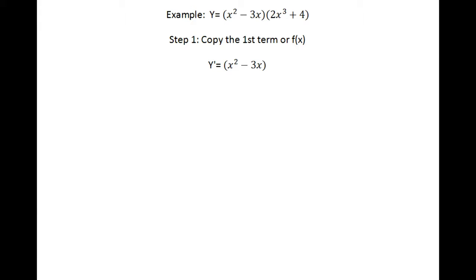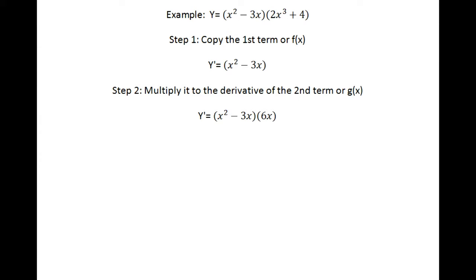On the second step, we multiply it to the derivative of the g of x or the second term. So, dapat ganito yung makuha natin. The quantity of x squared minus 3x times the derivative of 2x cubed, which is 6x squared plus 0. Dahil yung 4, yung derivative niya is 0 because of the constant rule.